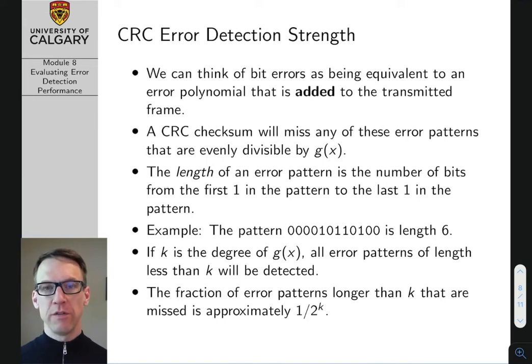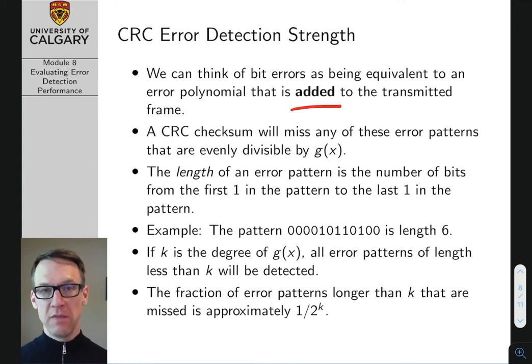How about the CRC? Well, in order to evaluate CRC error detection performance, we need to say a few things about the types of error patterns that will be missed by a CRC checksum. And we've seen that we can think of bit errors as being equivalent to an error polynomial that gets added to the transmitted frame.